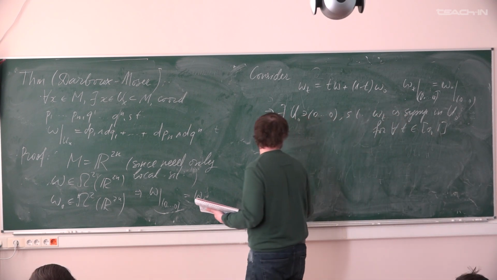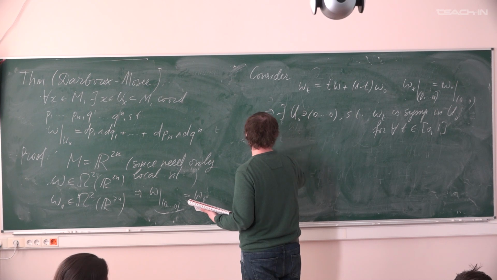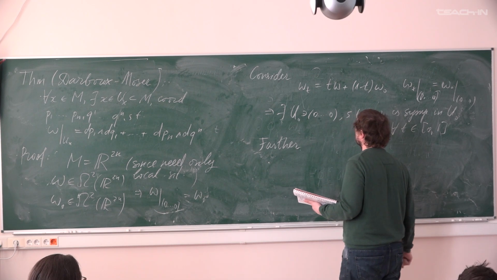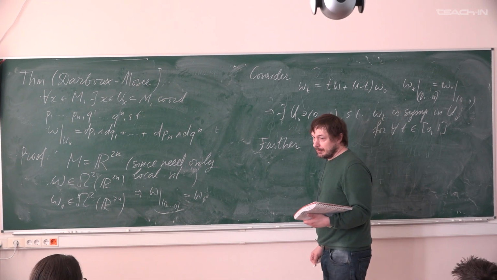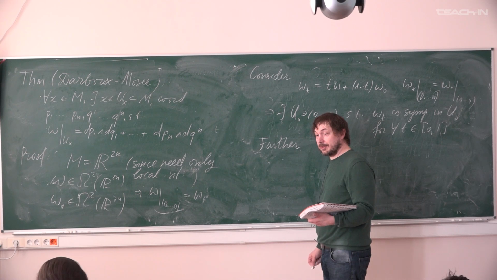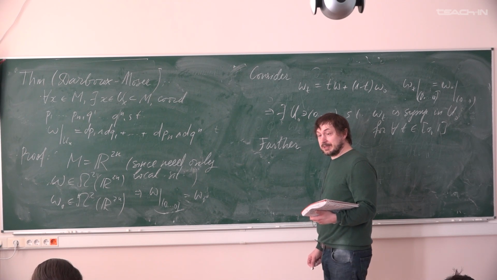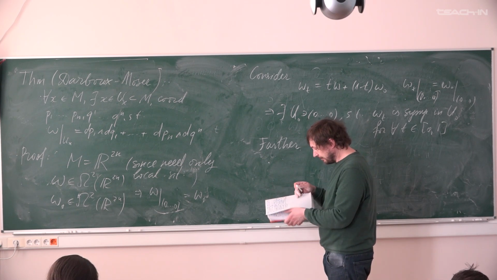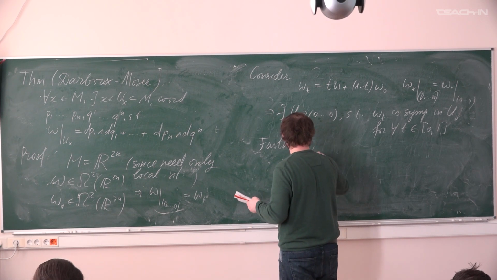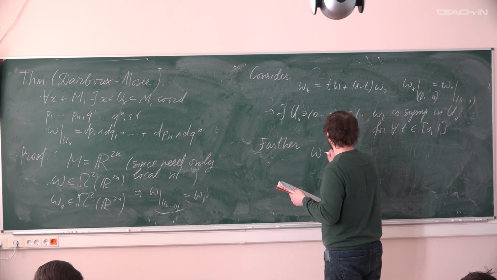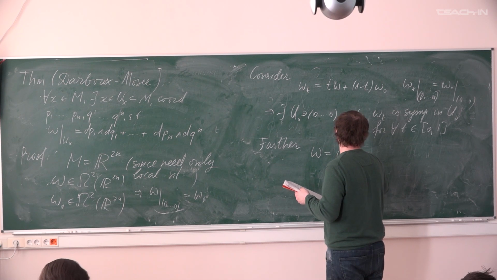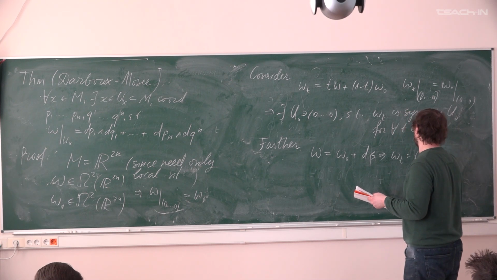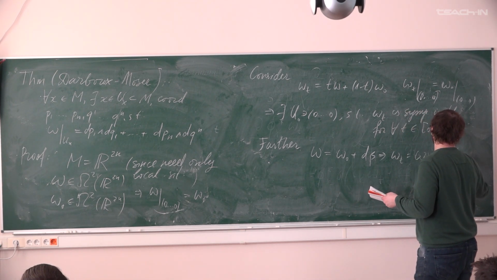Okay, further. Since both forms are closed, and we work in an open neighborhood of the origin in Euclidean space, being closed means that they're exact. So we can actually write ω equal to ω0 plus dβ, and hence ω_t will be equal to ω0 plus t dβ.